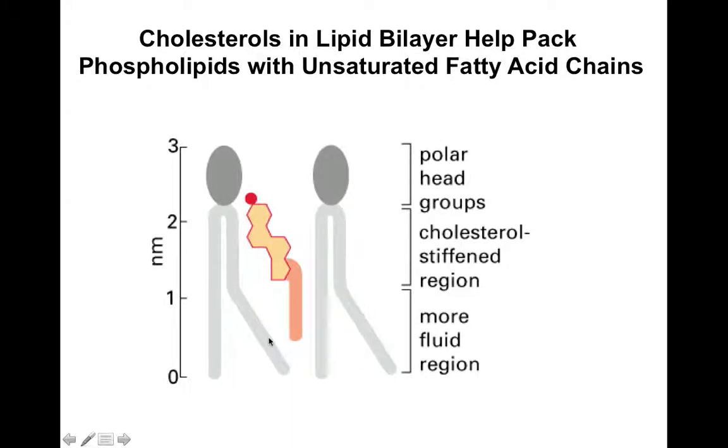So you can see where the membrane should have been more fluid because of the packing of the unsaturated lipid molecules. What happens is that the cholesterol sort of sneaks in between them, making the membrane more rigid. So if there's more cholesterol in the plasma membrane, that membrane will be more rigid.